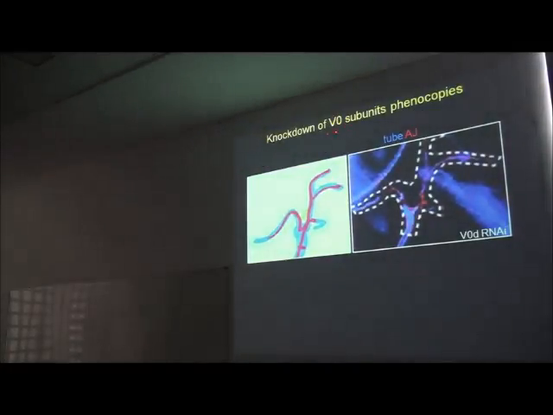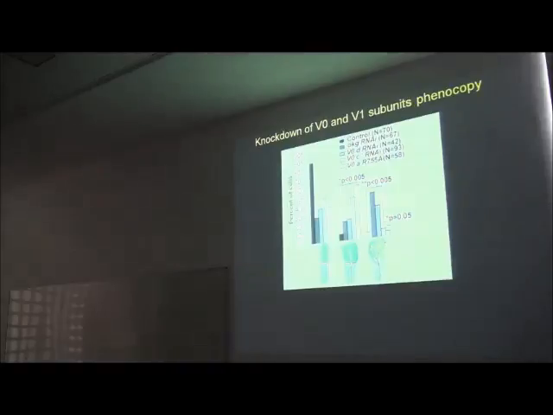So we knock down different V0 subunits, and we get a nice phenocopy. So you can see the adherens junction running all the way along these tubes that should in principle be seamless. So it's not a gain of V0 function, but instead probably a loss of proton pump function.